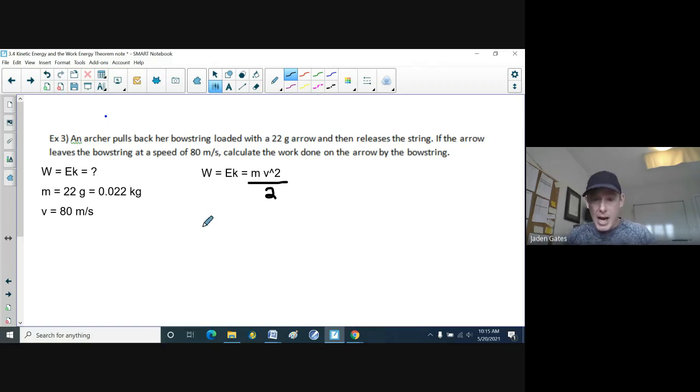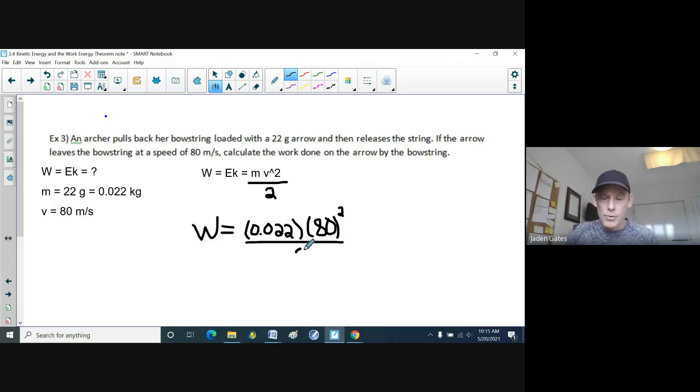So now that I have made that happen, put my work in here. My mass is very small, right? So again, maybe not a whole lot of kinetic energy because it's so small, but yet the thing's moving fast. My velocity is 80, so I'm going to have an 80 squared, divided by 2.